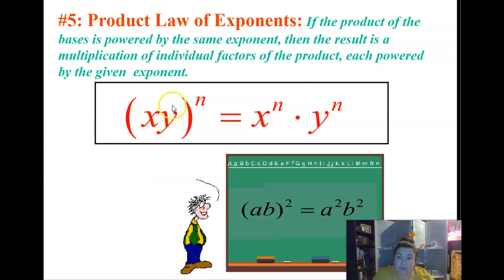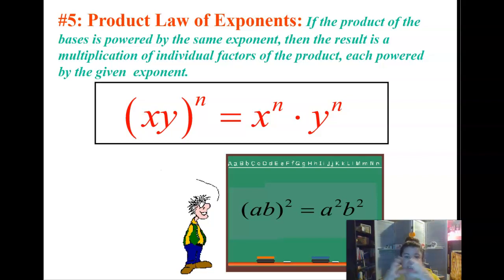All right, so we have xy. Remember, if they're right next to each other, it means multiply. They would have it in parentheses like that. But if it said, let's say 5y, that means just multiply if it tells you what y is. So xy to the nth power.